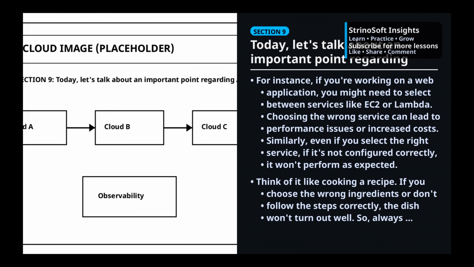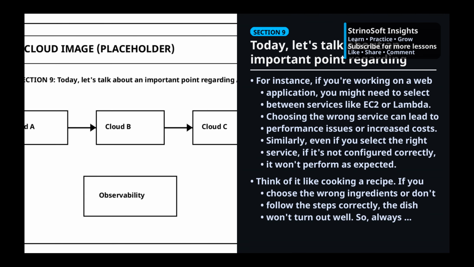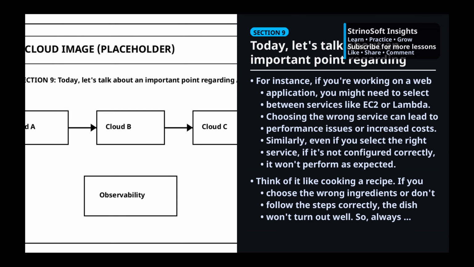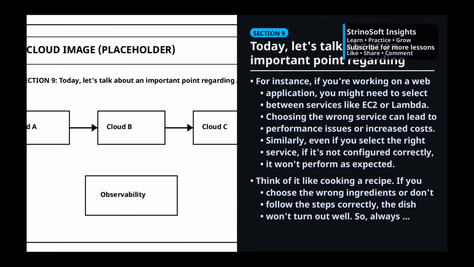Think of it like cooking a recipe. If you choose the wrong ingredients or don't follow the steps correctly, the dish won't turn out well. So, always remember that the right selection and configuration are critical for success in AWS. In summary, focus on choosing the right service and configuring it correctly to ensure your AWS projects run smoothly.